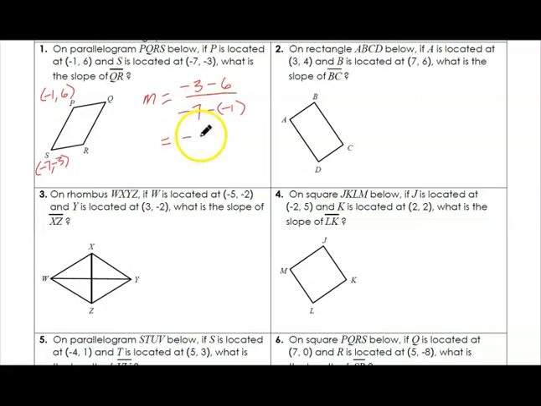And we got negative 9 over negative 6, which is 3/2. So the slope of QR will be the same as the slope of SP. Slope of QR is 3/2.